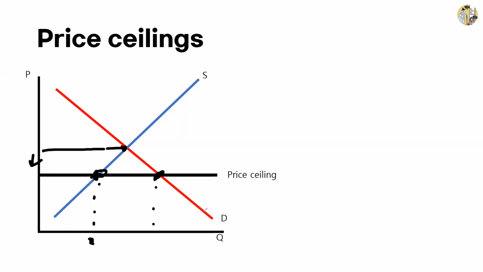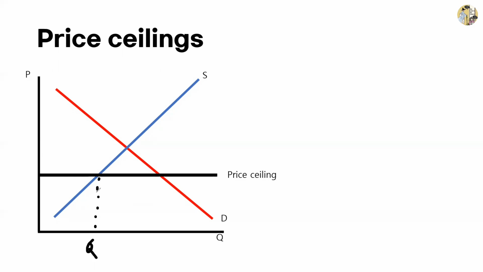If the quantity supplied is lower than the quantity demanded, the market quantity is going to be where the quantity supplied is at, because simply you can't purchase something that isn't even selling in the market. So in this case, the quantity will be determined here, at the intersection of the price ceiling's price and the market quantity supplied.